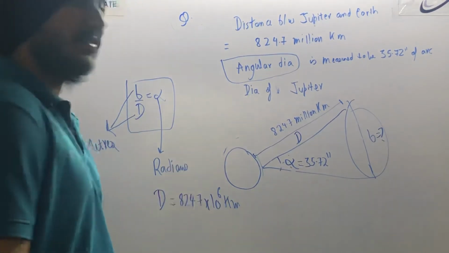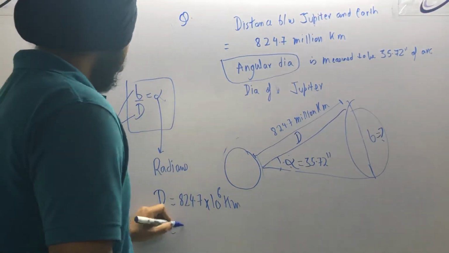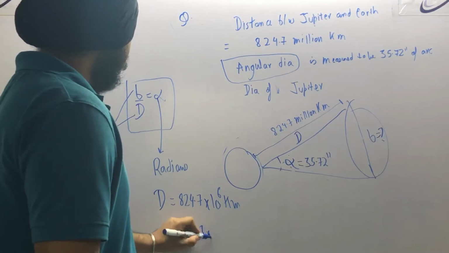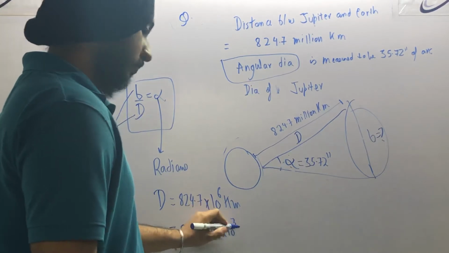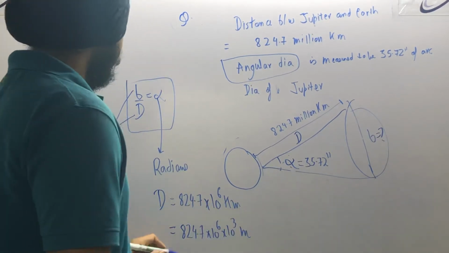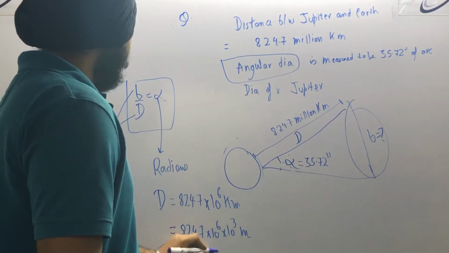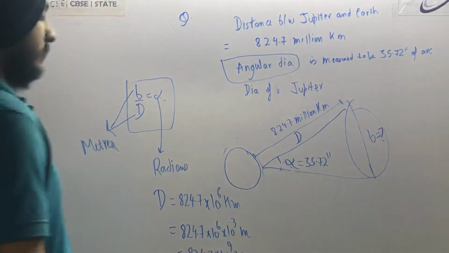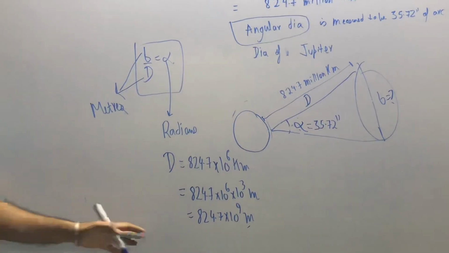If you want to convert this into meters, you multiply it by 10 raised to the power 3. So roughly you get 824.7 into 10 raised to the power 9 meters. This is the distance between planet Earth and Jupiter in meters.